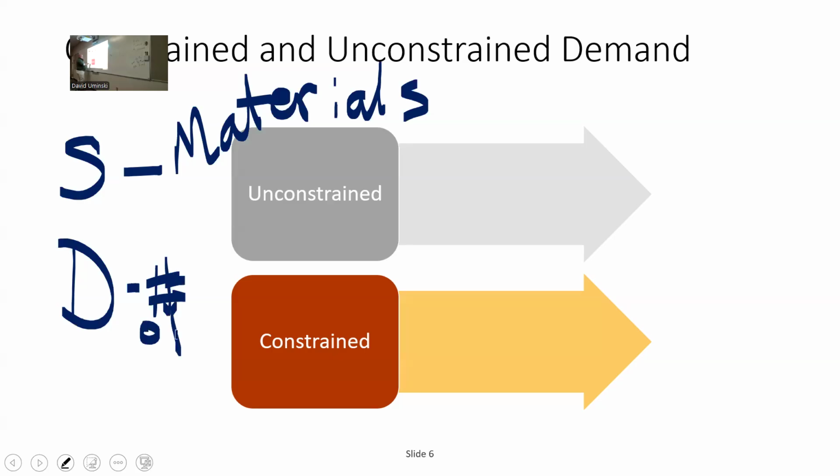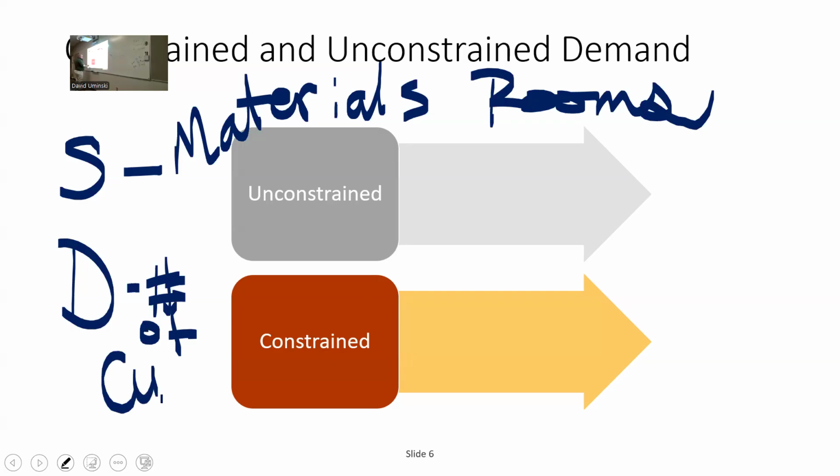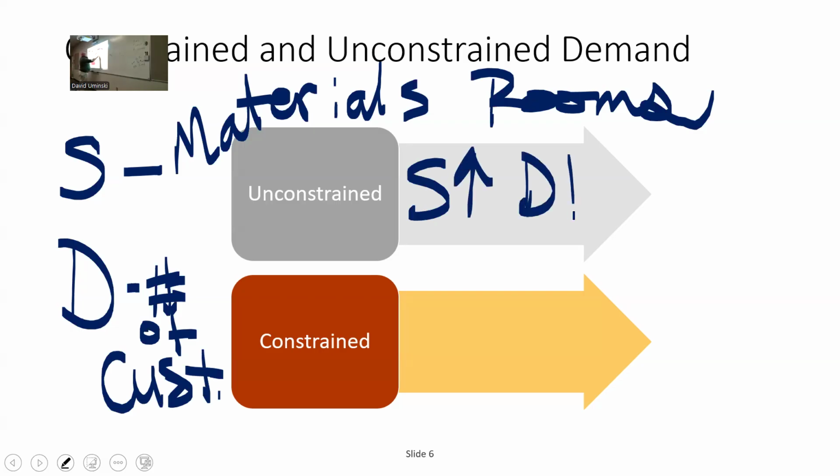So we have the supply is what we have available. So in our hotels, what is our supply? Our rooms. So our rooms are our supply. Our demand is the number of customers or guests. In an unconstrained situation, that means our supply is high and our demand is low.